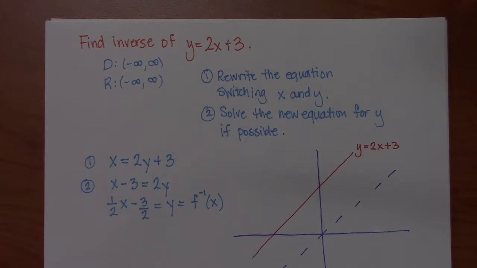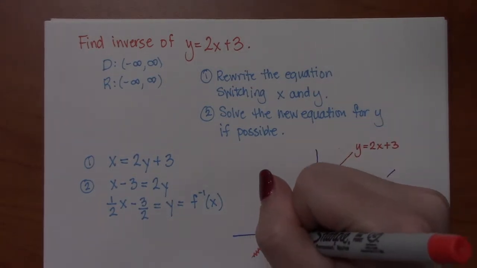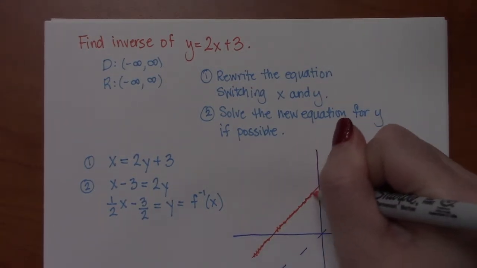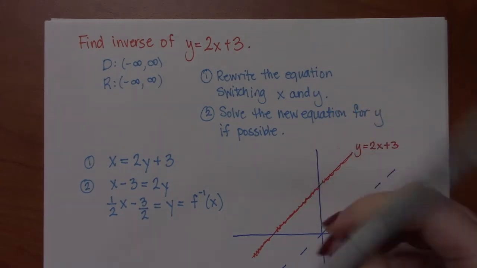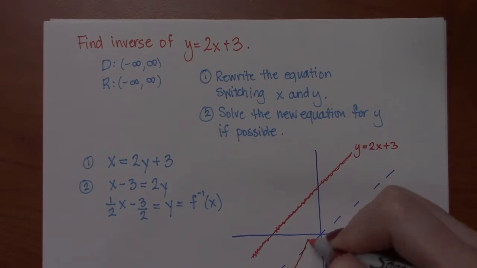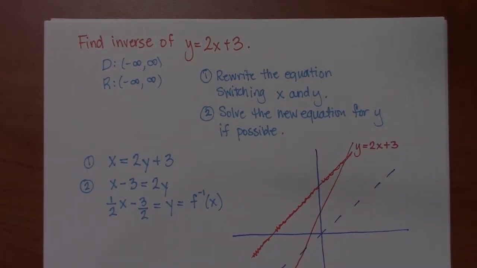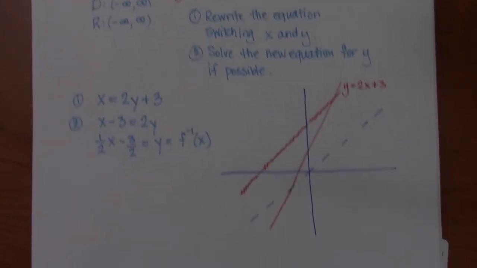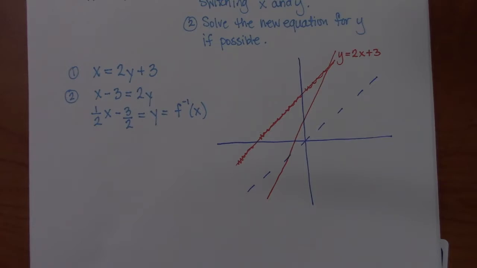Oh, I should have made this steeper. Sorry guys, I didn't do my slope right. I should have drawn y equals x first. 2x should have a much steeper slope. It should be something like this, right? If that line has a slope of 2 and the dotted line only has a slope of 1, it should be much, much steeper. So that would be my line 2x plus 3.